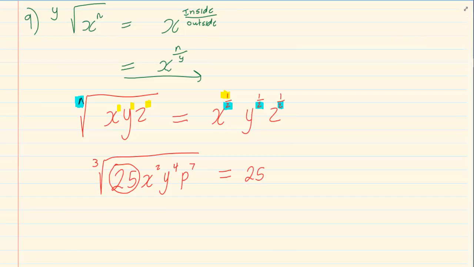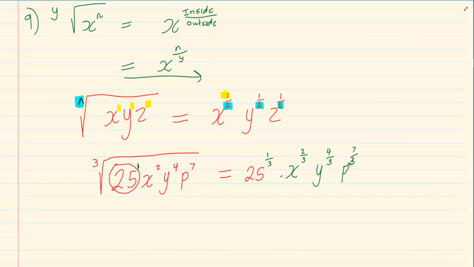Remember, the existing power is 1. So I would have inside over outside. Then we have x, inside, which is 2 over outside. Y, inside over outside. P, inside over outside. So whenever you are working with this rule, it works inside over outside.